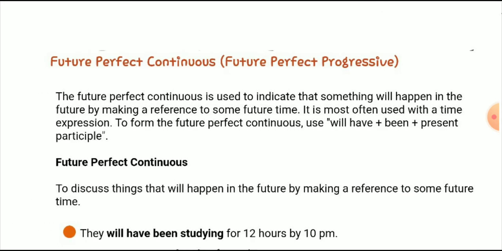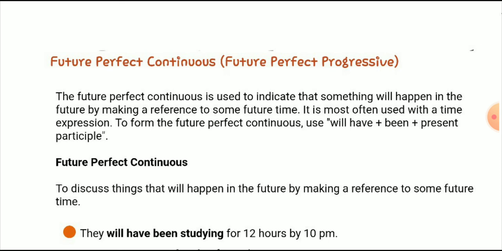Future perfect continuous, perfect progressive. Future perfect continuous is also known as future perfect progressive tense. The future perfect continuous is used to indicate that something will happen in the future by making a reference to some future time. It is most often used with a time expression.